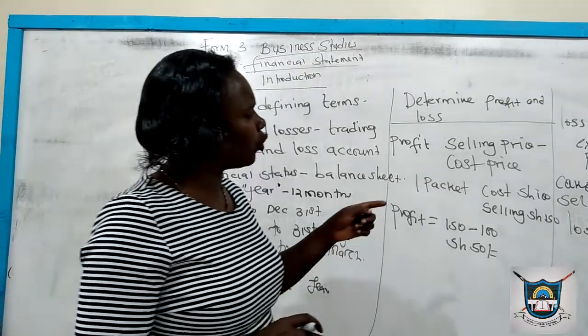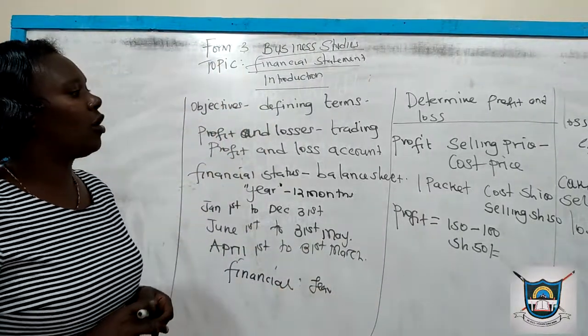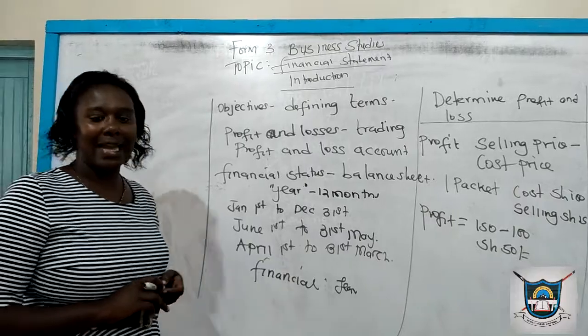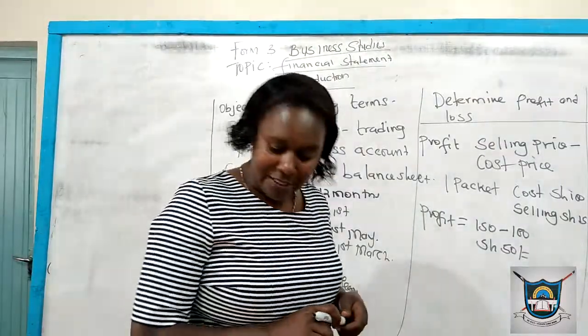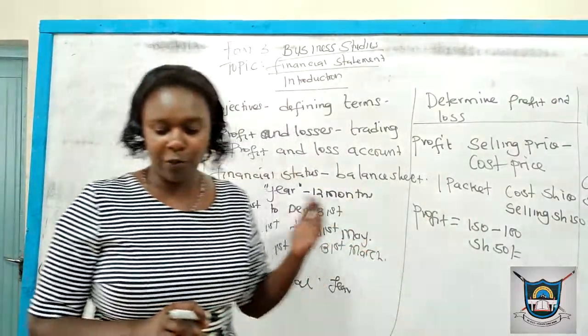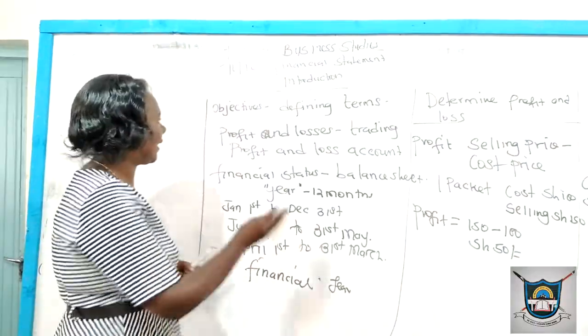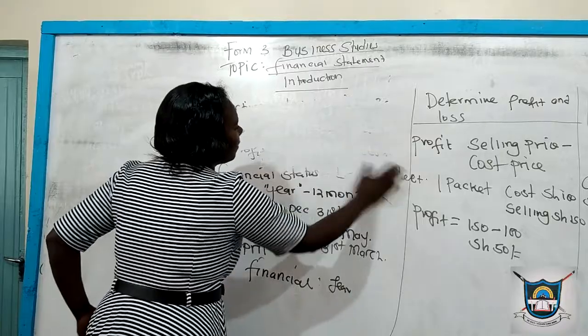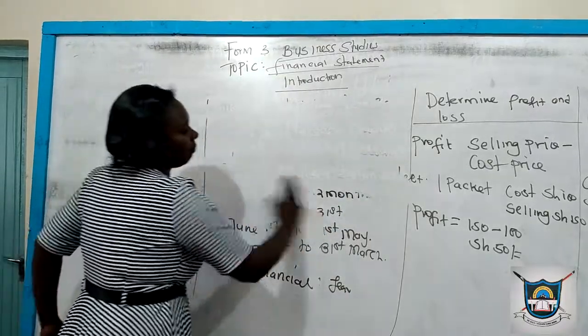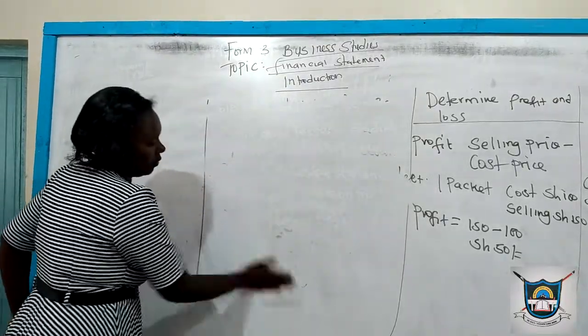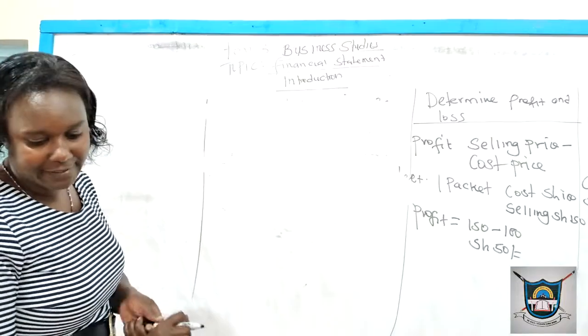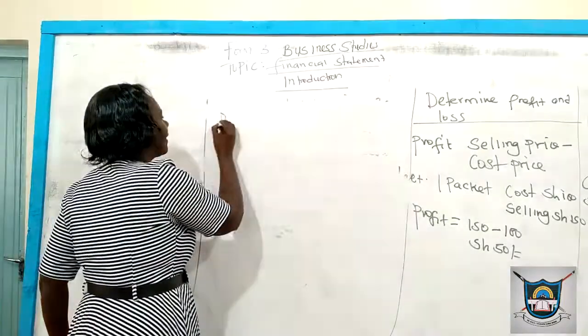Now, for us to be able to calculate that also, there are adjustments that have to be made. And those adjustments, we're just going to define them, then we are going to use them in our next lesson. Some of the adjustments are terms like return inwards.